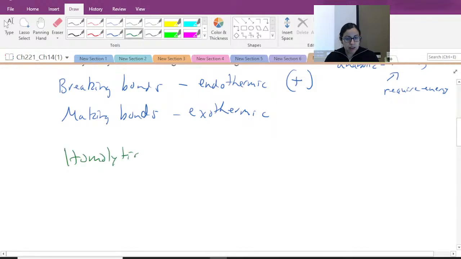So homolytic would just be like your standard methane. We use this little half arrow to show that there's 2 electrons, and then 1 is going to each one. So this would be a homolytic cleavage.